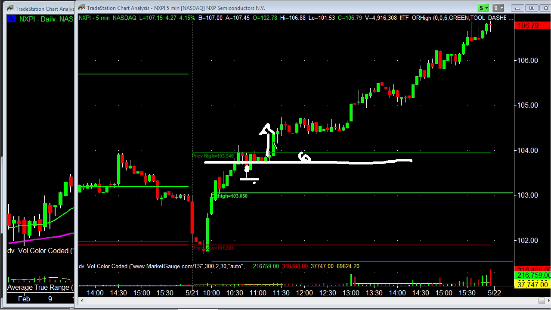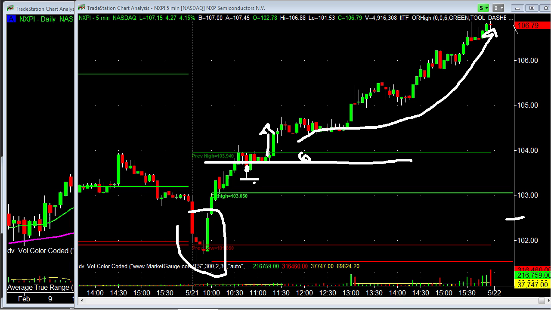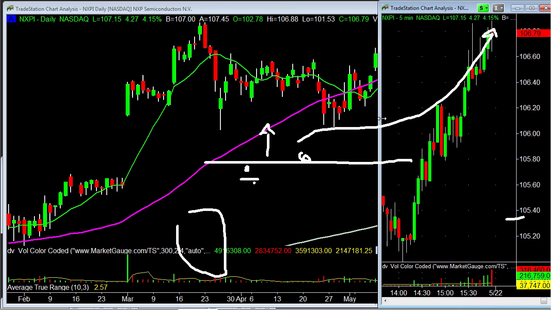So sometimes you get lucky if you just use that trailing stop, and sometimes you get really lucky and you never got out of anything. And so there's a $1 risk. 102.50 closes almost at 107. So you do the math. That's like 4 times, 5 times the risk.